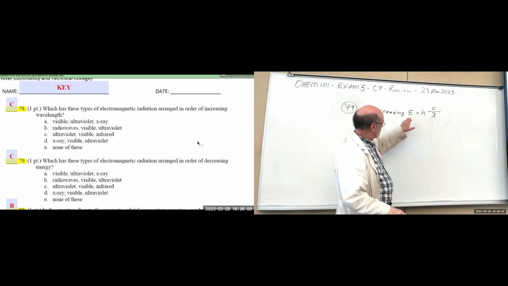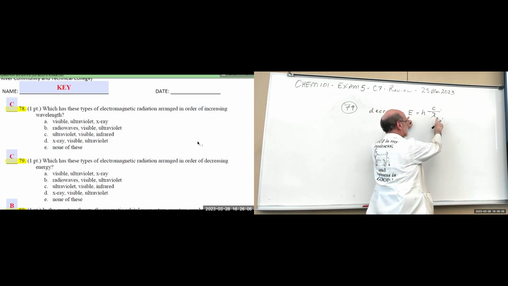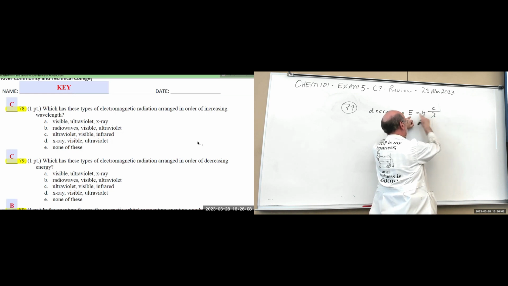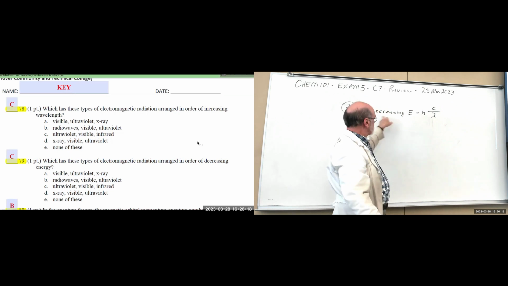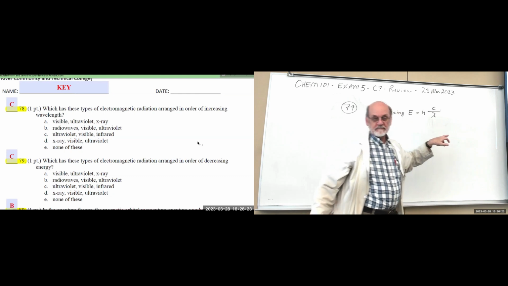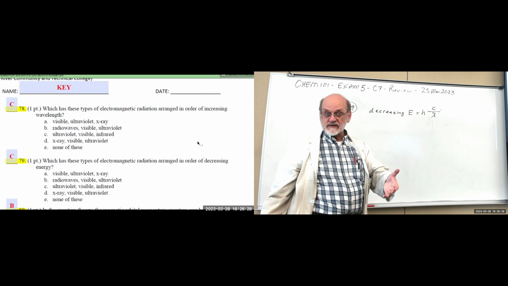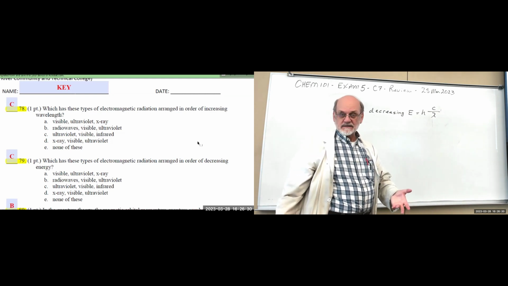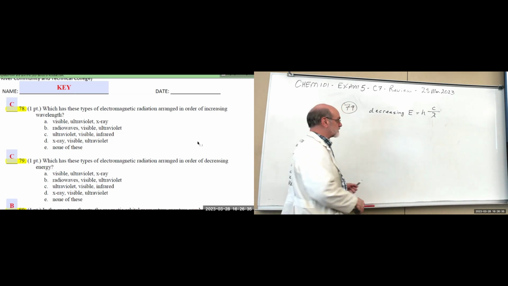So decreasing energy, these are inversely proportional. As this goes up, this goes down, or as this goes down, this goes up. So if we want decreasing energy, we need increasing wavelength. So increasing wavelength would be the same as 77 and 78. Decreasing energy is increasing wavelength. Ultraviolet, visible, infrared.